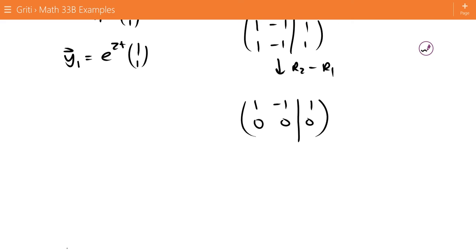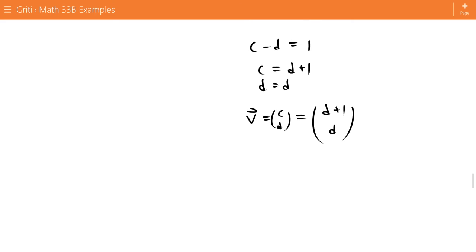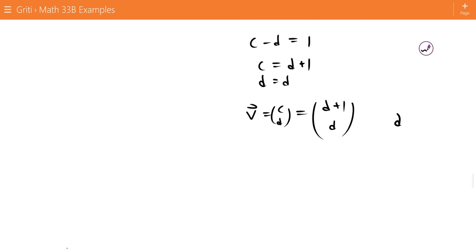So this tells us that c plus d equals 1, or c equals 1 minus d, and d equals d. Since we can choose d to be anything, the simplest case would be if d was 0. So that gives us v2 equaling (1, 0).